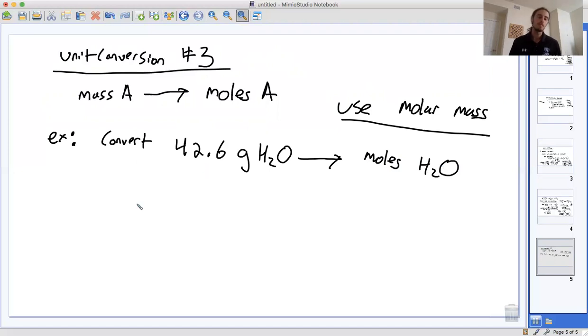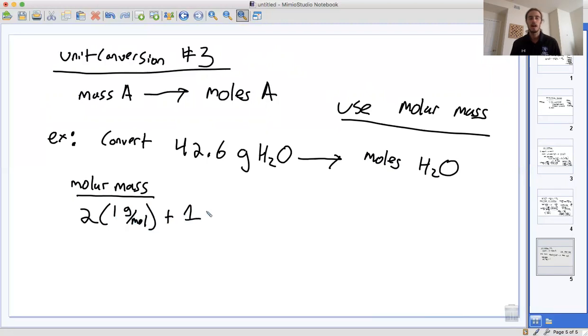All right, so in the previous slide, we calculated the molar mass for water. That's just using the formula for the compound, using the periodic table, looking up the molar masses, right? You're going to have 2 hydrogens, so 2 times 1 gram per mole, plus 1 oxygen, so 1 times 16 grams per mole.